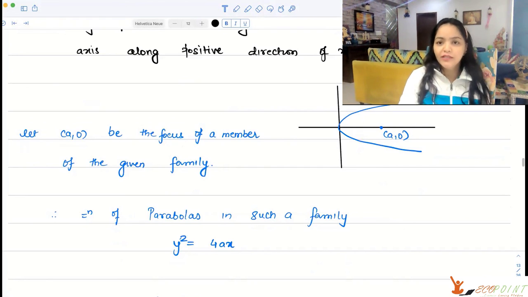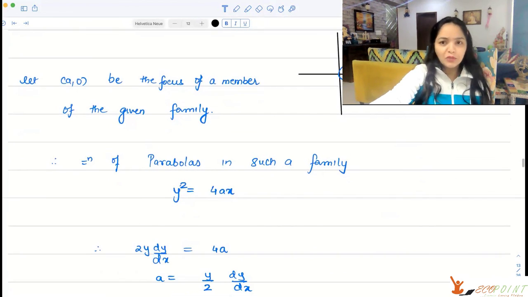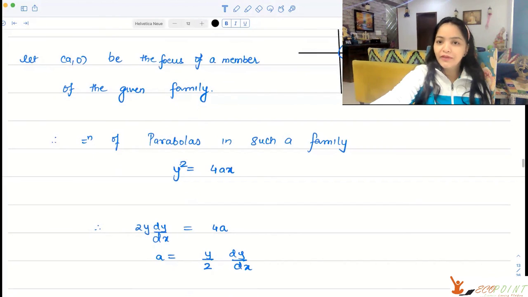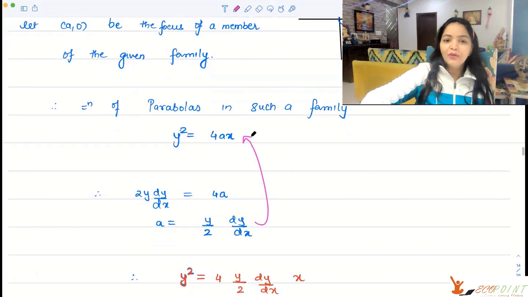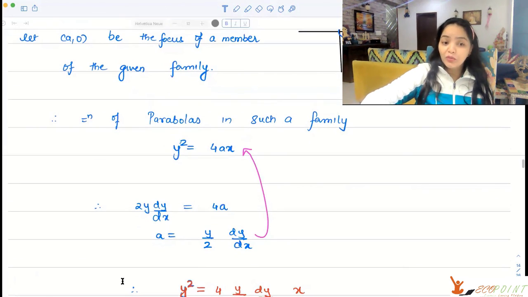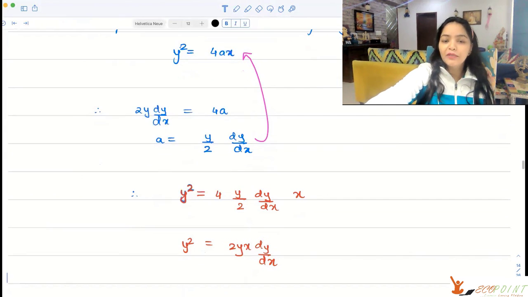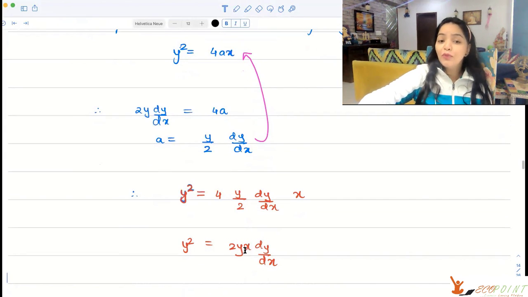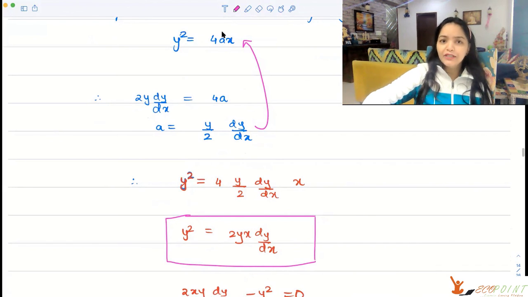So differentiate once, you will have 2y dy by dx equal to 4a, which means a is simply y by 2 dy by dx. If you substitute a back out here, you will get an equation which will be satisfied. So y squared equals 4 times y by 2 dy by dx times x. That means 2yx dy by dx. y squared equals 2yx dy by dx, which you can further simplify.